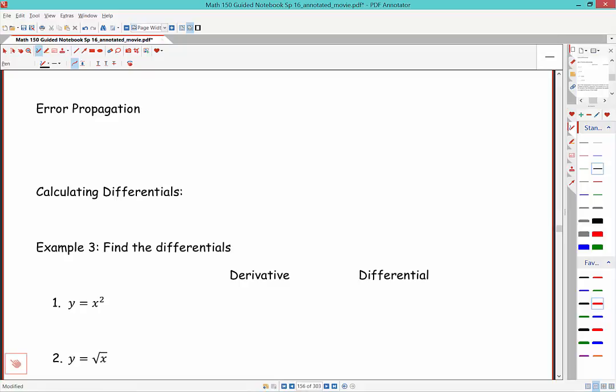And it could be the measurement tool or it could be the measurer. So basically, if we tie it back in, we have our f at x plus delta x. All right, so the exact value is this whole thing.